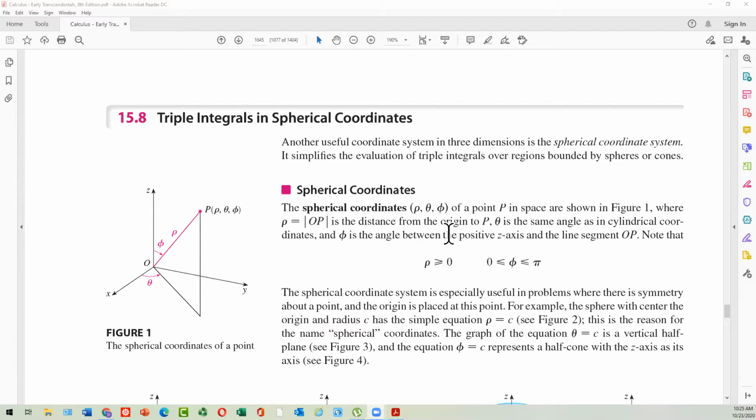There is one last way of describing points and surfaces in 3D space that's not x, y, z or cylindrical. And these are called spherical coordinate systems. So spherical coordinate systems are very useful in a niche market.